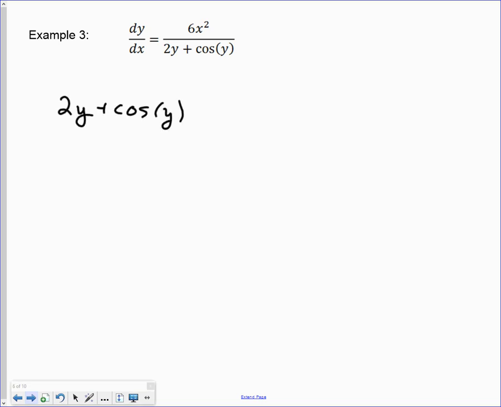2y plus cos y dy equals 6x squared dx. And then we can integrate both sides.